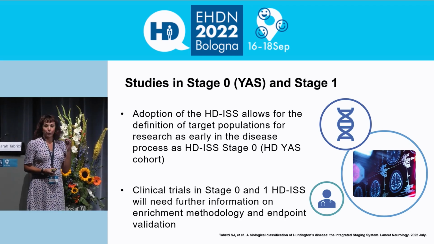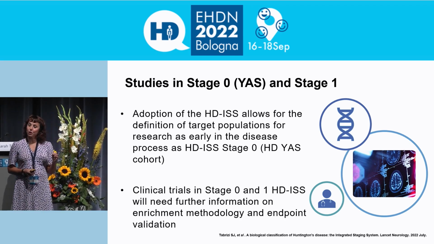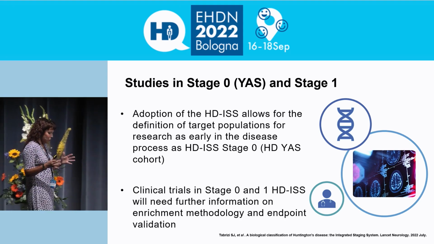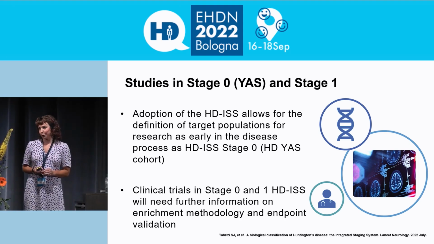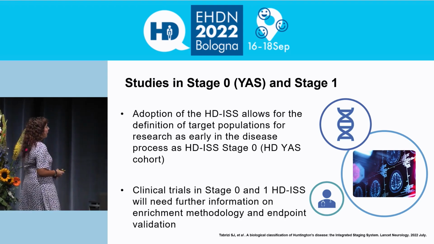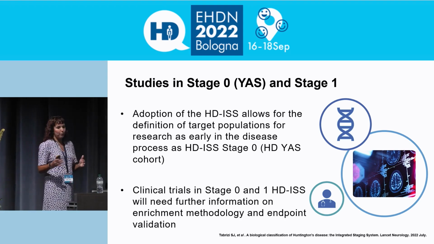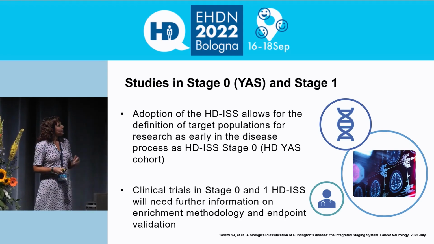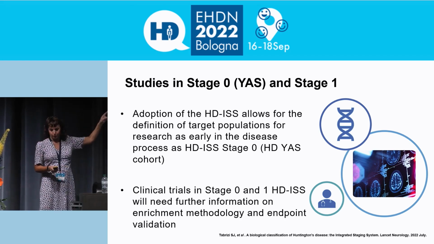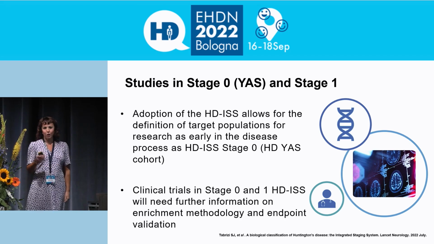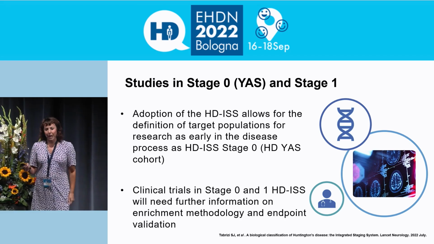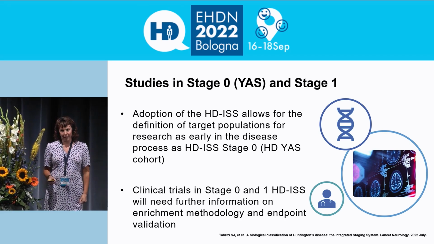And we found in YAS that there truly was a stage 0, because in those there was a large group with nothing to find, which was great news at the time, and which we were very excited about. So that's stage 0. And trials in stage 1 are going to need enrichment and thinking about novel methodologies.